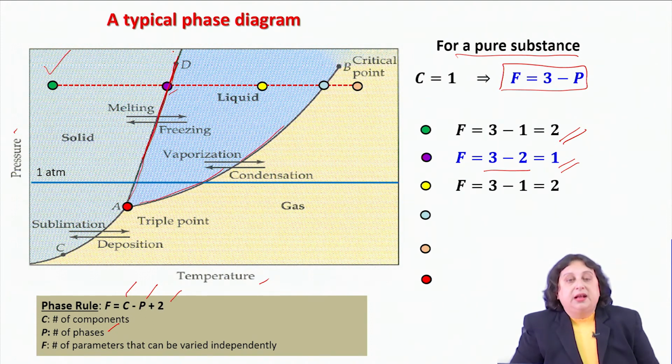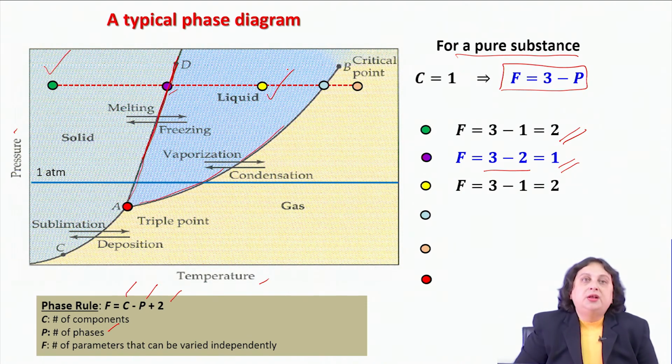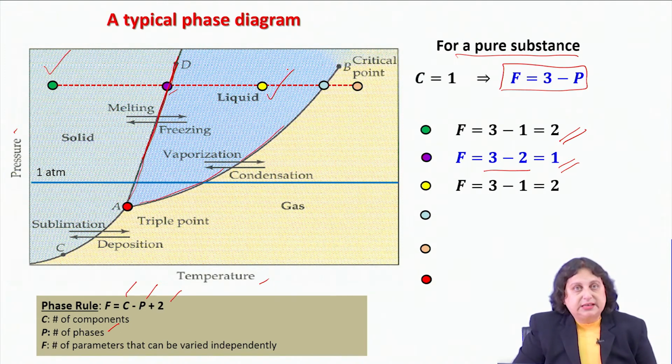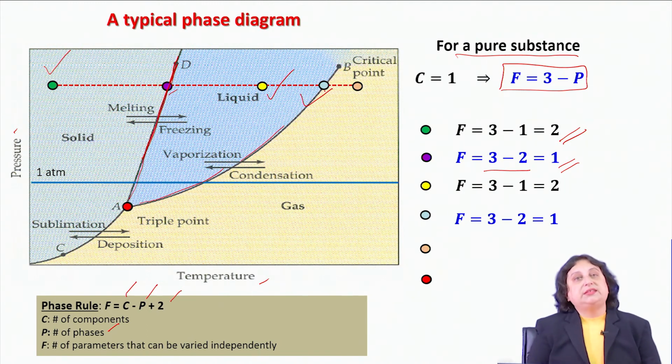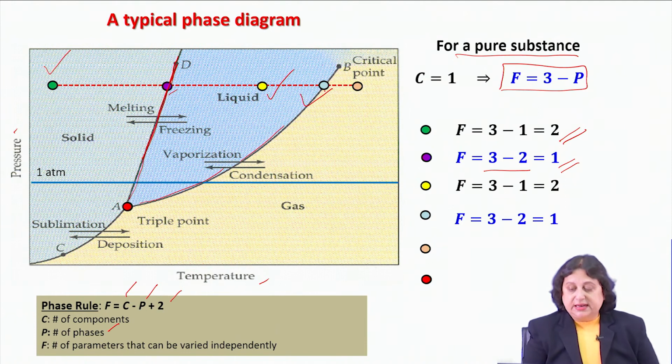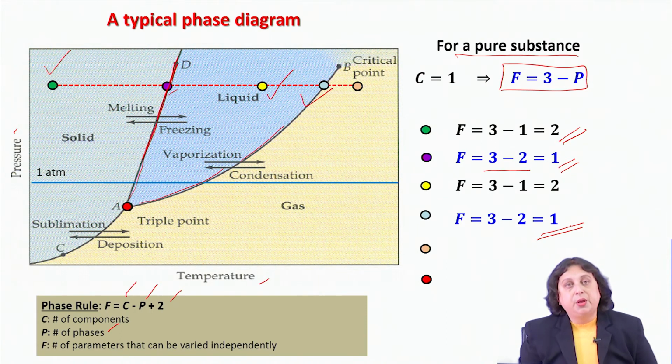Now let us have a look at this point where once again I have a pure liquid phase, and therefore I don't have to have some kind of dependence of pressure on temperature at which the liquid is at equilibrium. It's a single phase. But the moment I come to this particular point where the liquid and the gas phase are in equilibrium, then once again I have reached that part of the phase diagram where I have only 1 degree of freedom and I cannot vary temperature or pressure independent of each other.